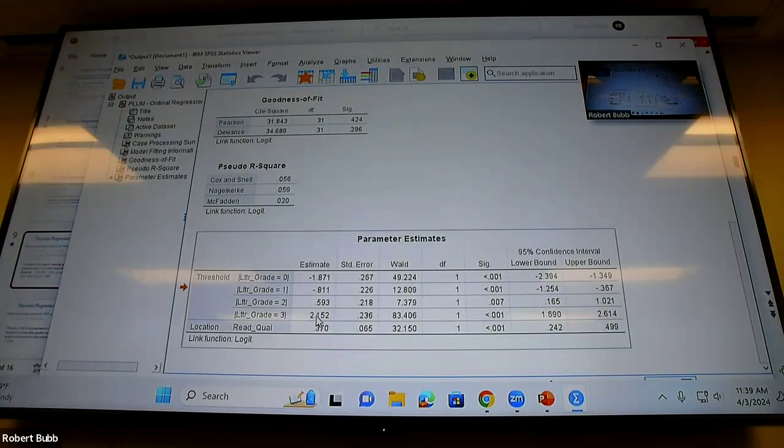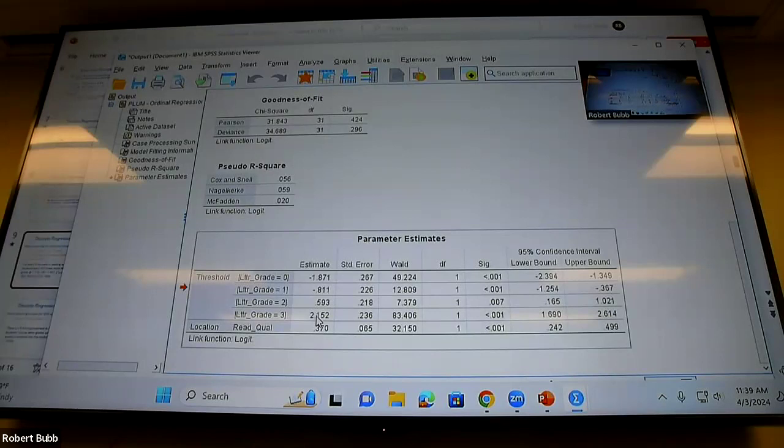I'll write a couple out and then I'll just show you. That might be easier. For that first one, it would be e to the threshold of 2.152.